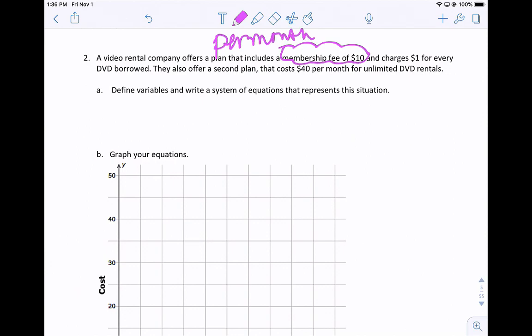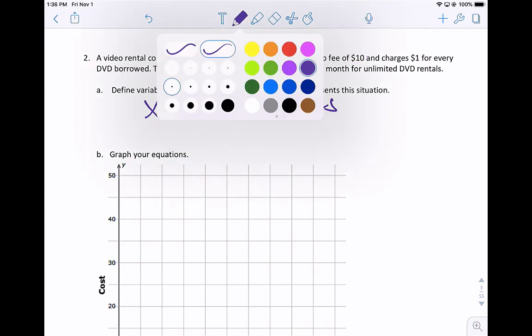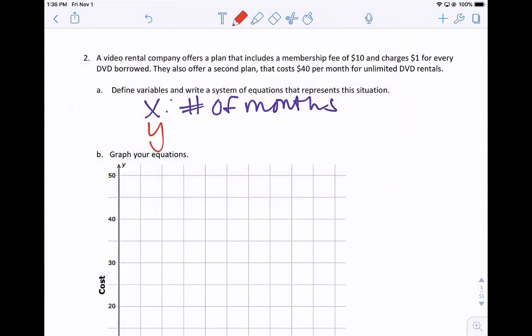Okay, so let's define variables. All right, so there are 2 variables here. X, we could say the number of months. Okay, so I guess this membership fee is a yearly membership fee. Okay, so X is number of months, and Y will be the total cost.